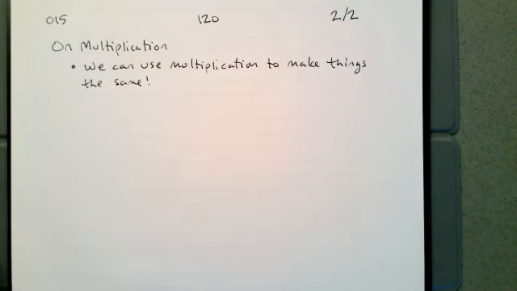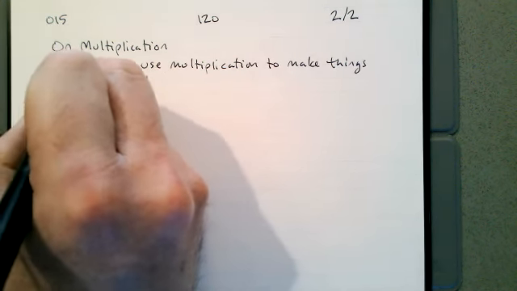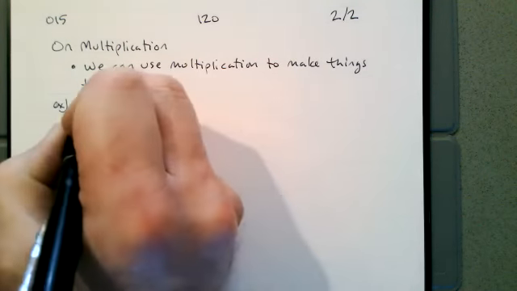We could use multiplication to get sameness. So we want to be able to use multiplication to get sameness. Let's look at some examples of that. On the sameness quiz, I asked you to add 5/7 and 3/11.